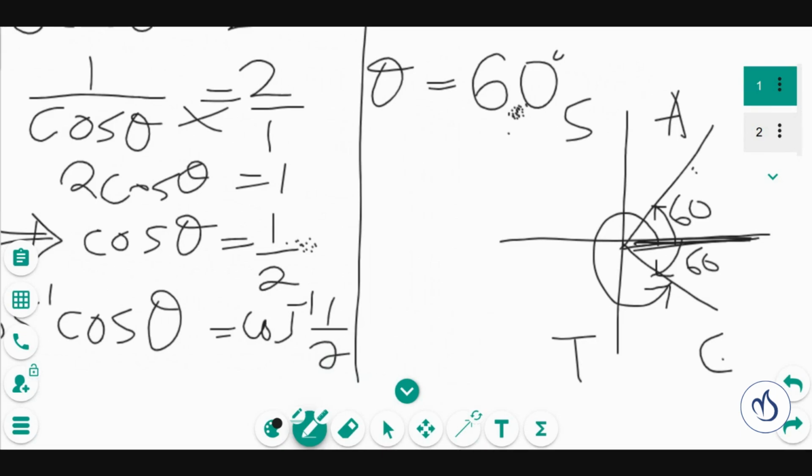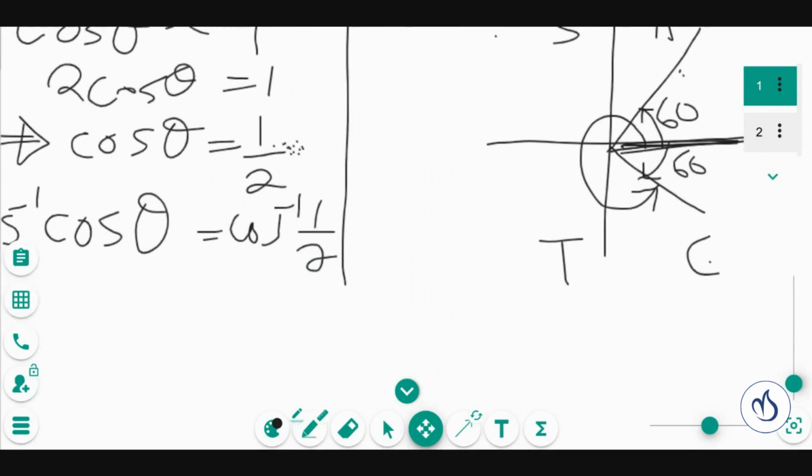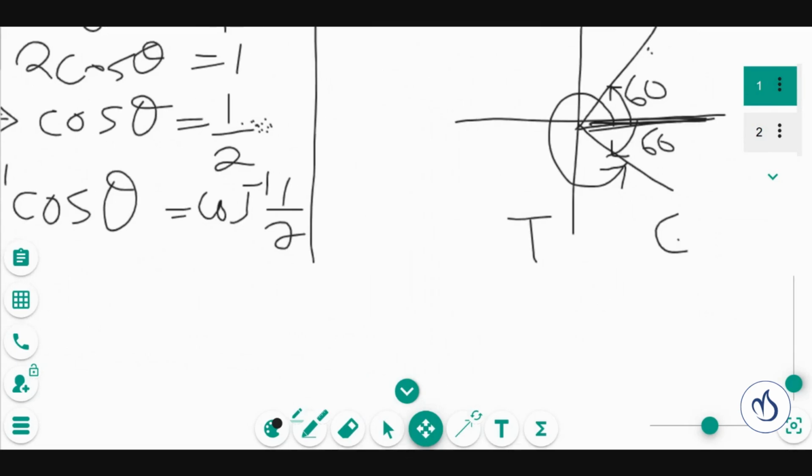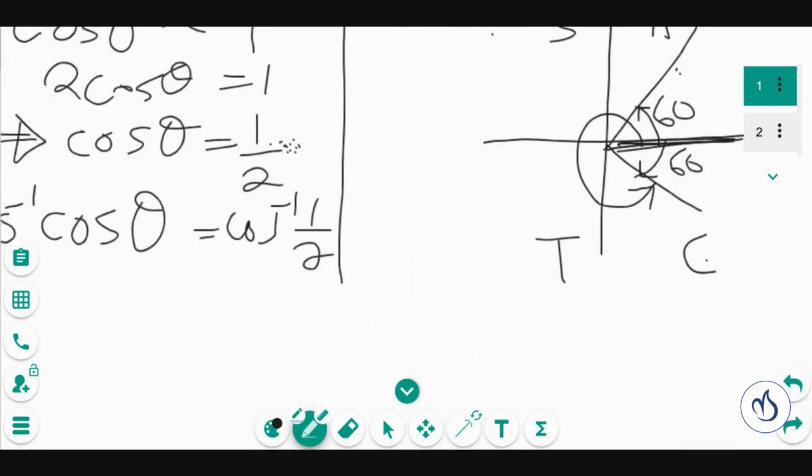But the second one, I had measured the 60 clockwise, so I'm going to measure it now anti-clockwise. My one value of theta is 60 degrees.